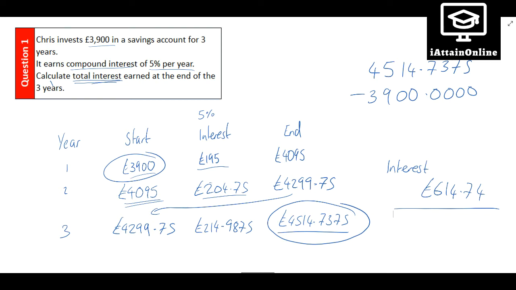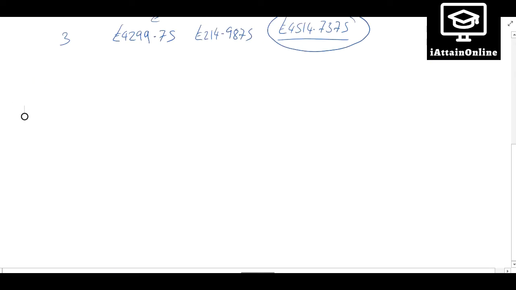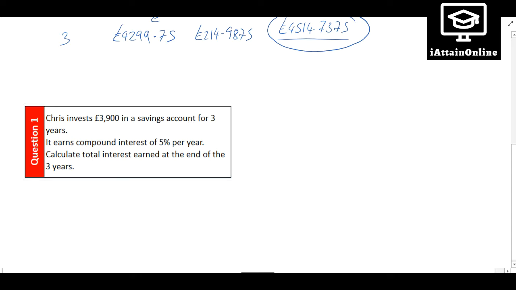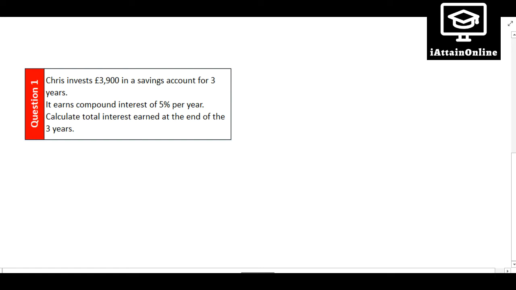If you understand what you are doing with, if I just copy this actually and scroll down, put the same question in. Okay, so if you understand what you are doing with multipliers, that makes it a lot easier. So 3,900 is Chris's original investment.